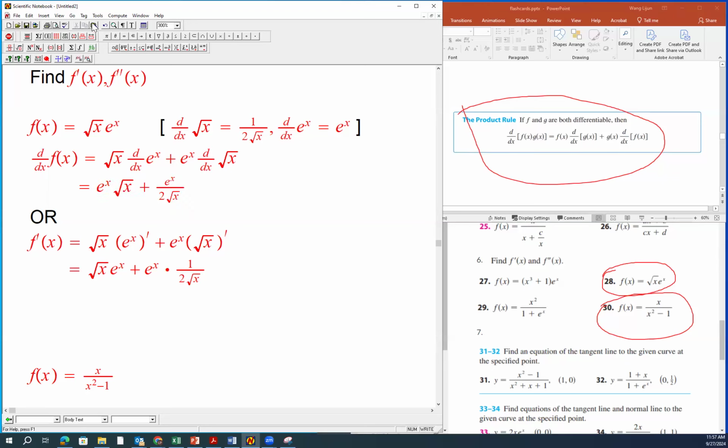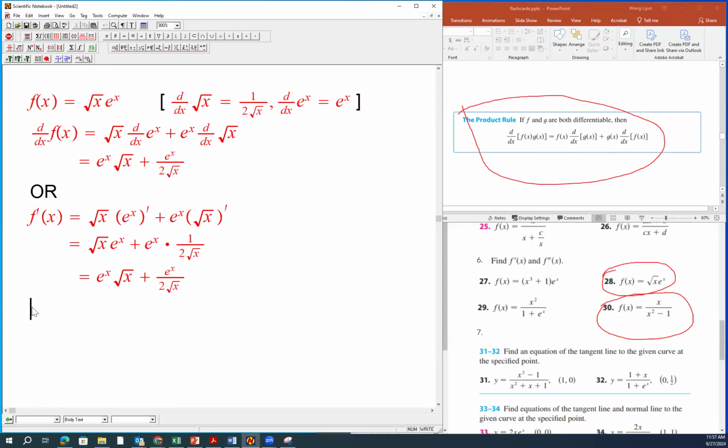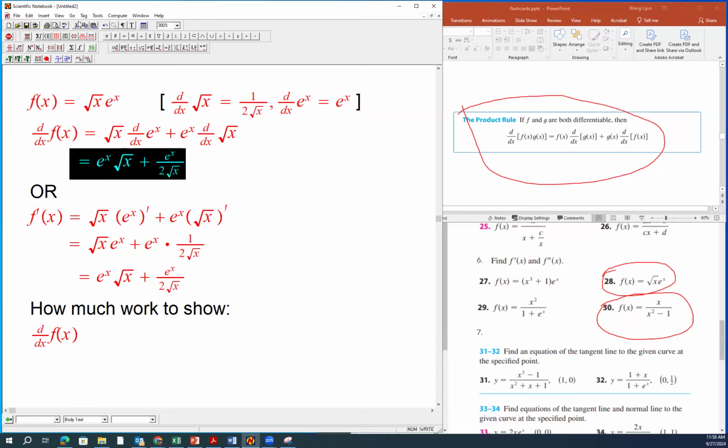Finally, I'd like to clarify how much work you need to show. If you show it this way, you can go straight here. If you just show that piece equals that for a question like this, perfect, no problem.